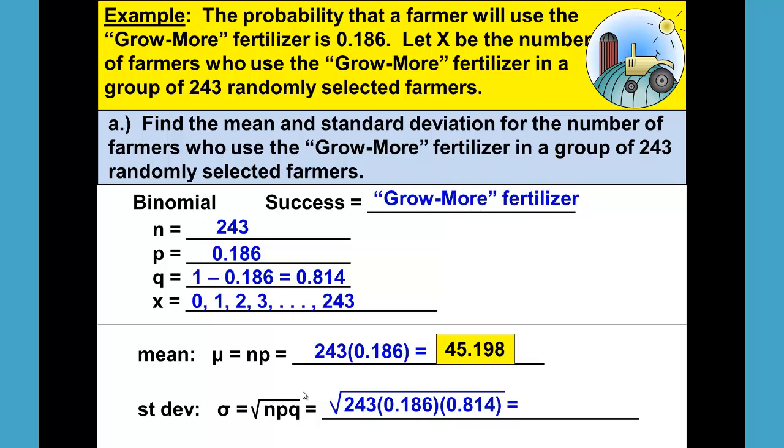As you place that in the calculator, be careful with your parentheses that you don't stop the square root too soon. That gives us 6.0656.